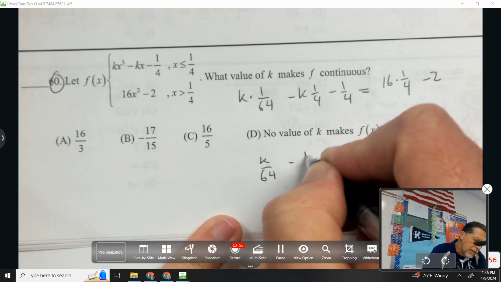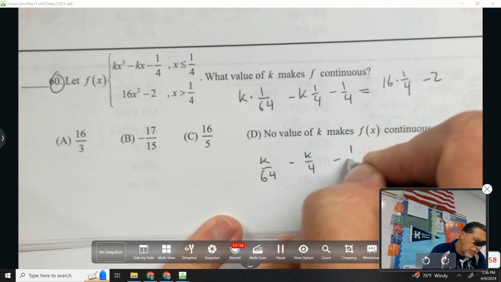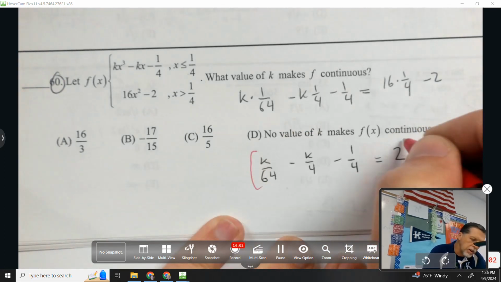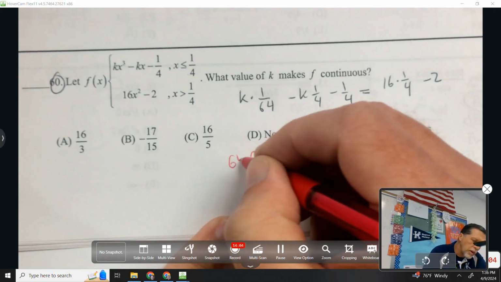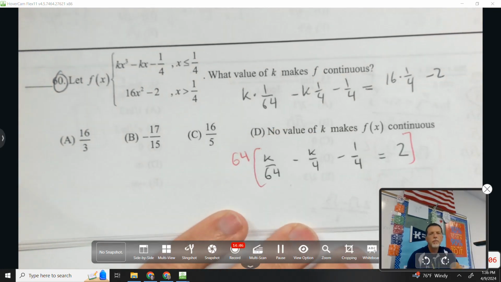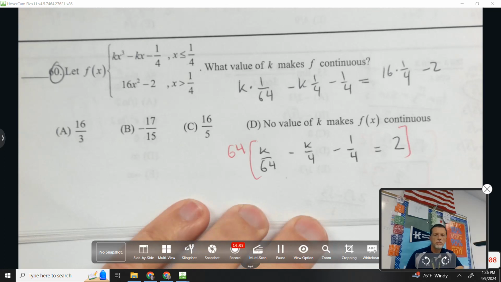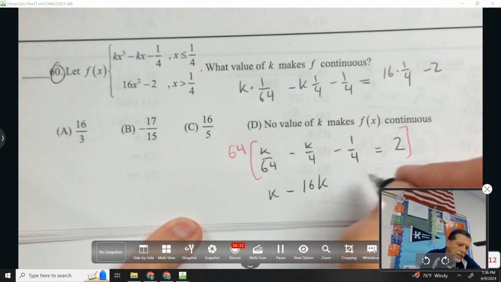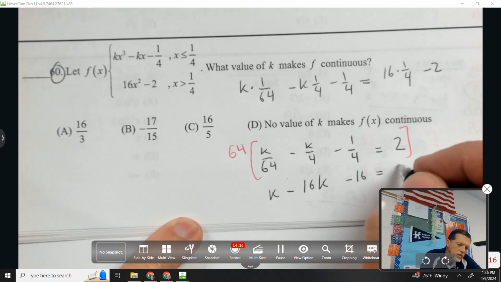And I think probably the easiest way to go here, I don't really want common denominators. I think I just want to multiply both sides by 64. So k minus 16k minus 16 equals 2.